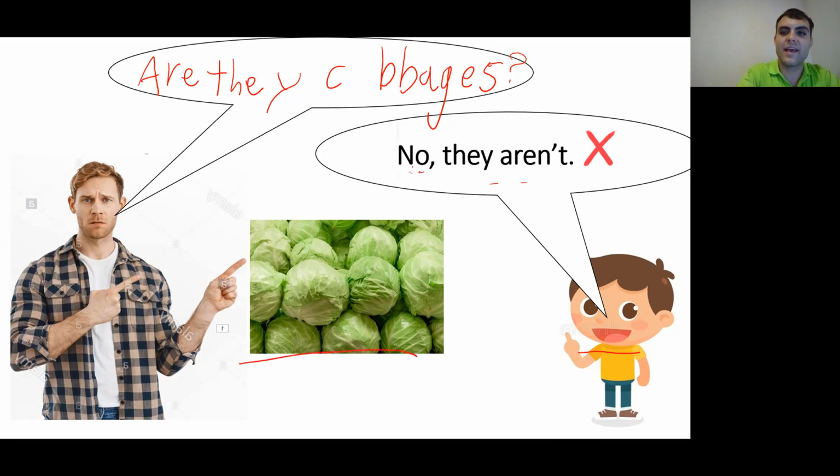So if the kid is saying, no, they aren't, that doesn't make sense. So we need to have him ask something else. It can really be anything. We can have him say, are they apples? In which case the answer will be no, they aren't. Or we could have him say, are they bananas?